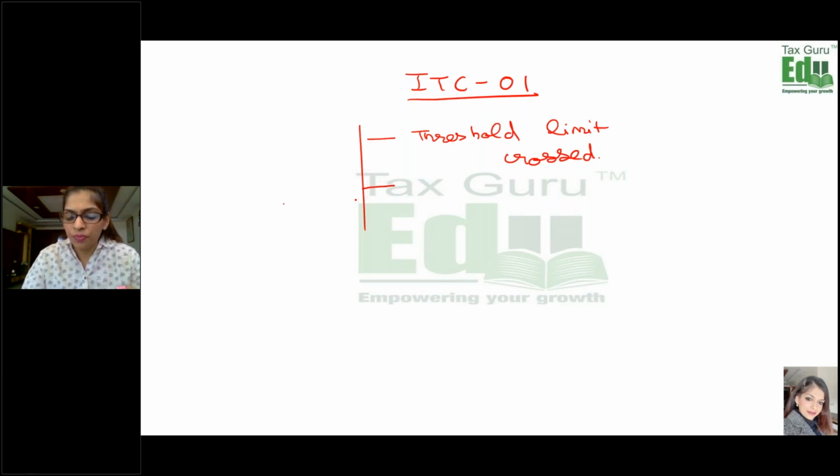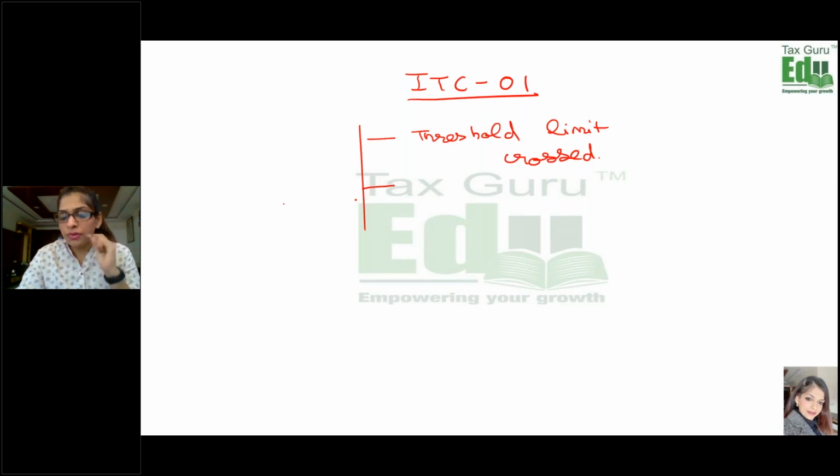Okay. Nandiniji, you're talking about the 40 lakhs limit. I believe we have already discussed when it is 20 lakhs and when it is 40 lakhs. We have discussed everything. Okay. So now for ITC 01, claiming of ITC lying in the stock, one reason you have already told me: threshold limit.